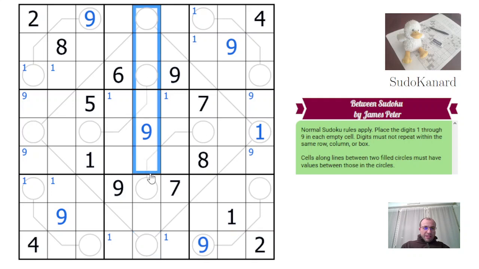So now on this column, because of this, 1 is nowhere here. It must be here, but because of this, it's not here. And it's not here because of this one. So that's the 1. Beautiful. And we get this one as well.